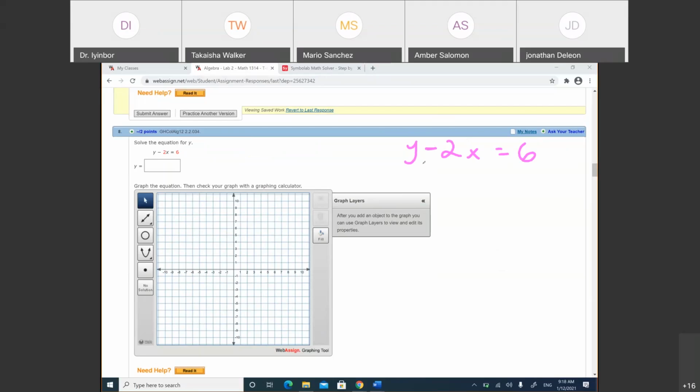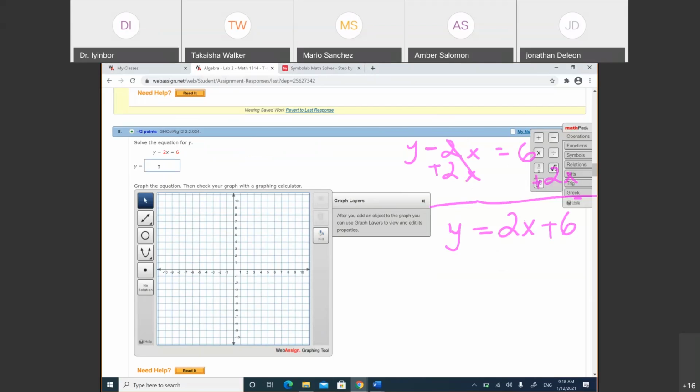I'm gonna add 2x first, and that's gonna give me y by itself, right? And you're gonna get y equals 2x plus 6. Okay? And this is gonna be the answer for y equals. So y equals 2x plus 6.